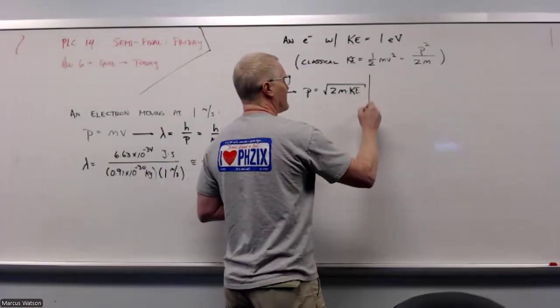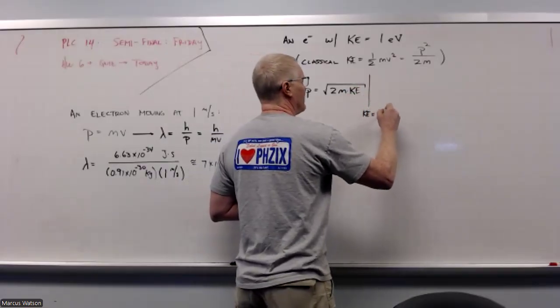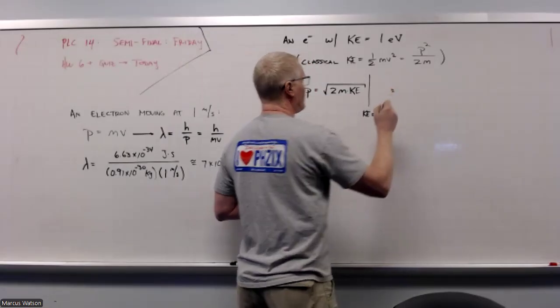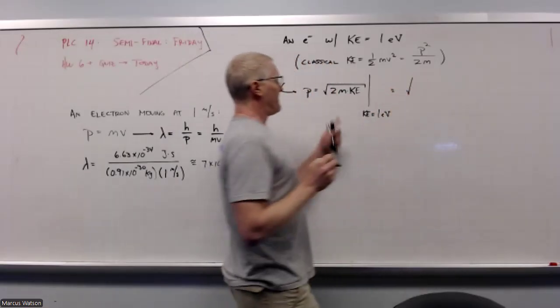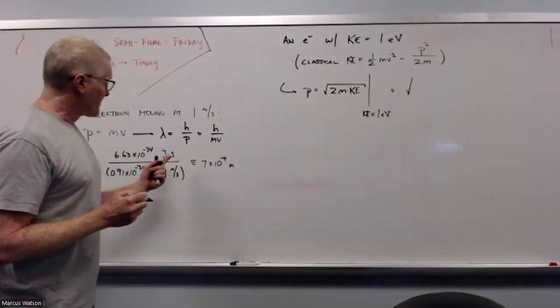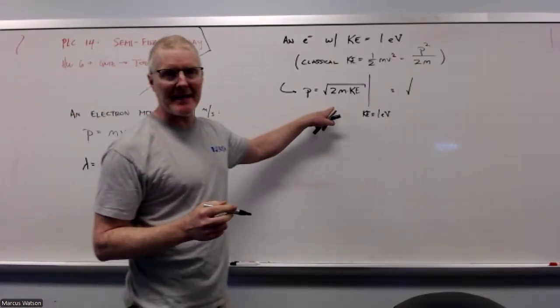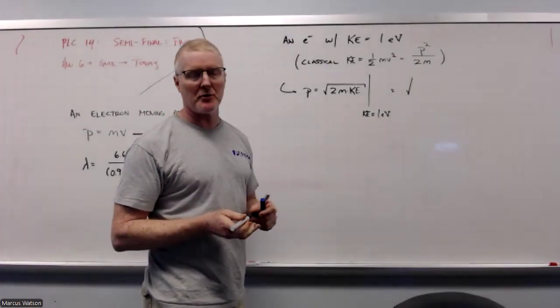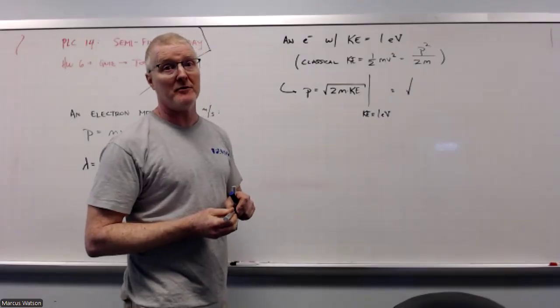So let me evaluate this at a KE equal to 1 eV. If I put in the mass of the electron in kilograms and deal with the energy in electron volts, I'm not going to get very far.